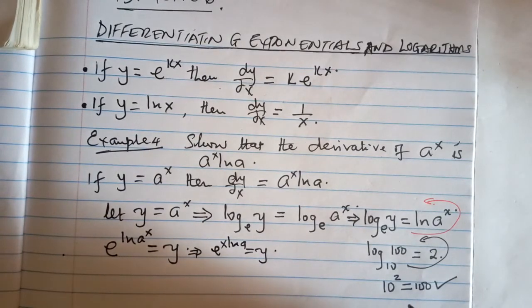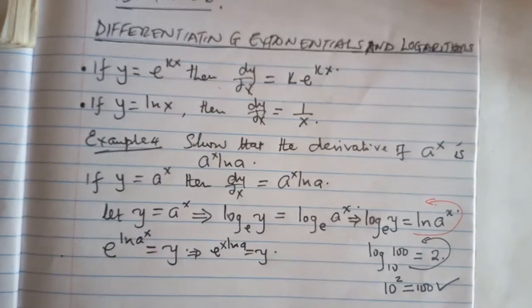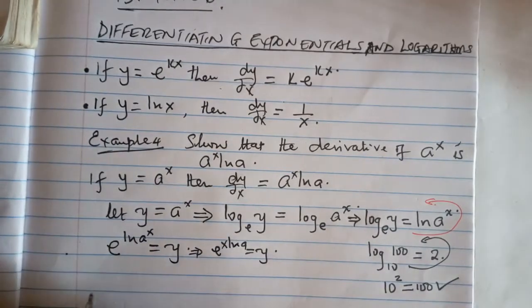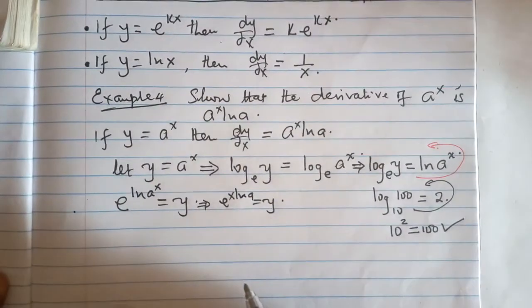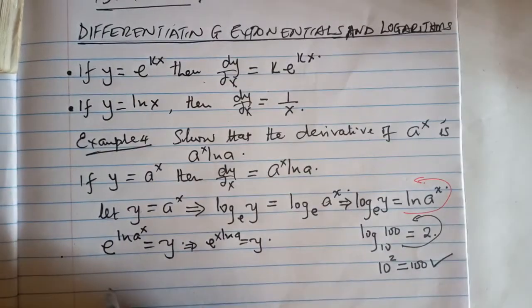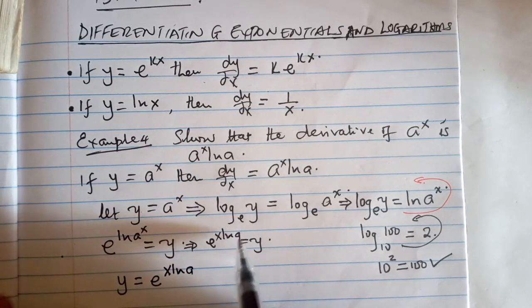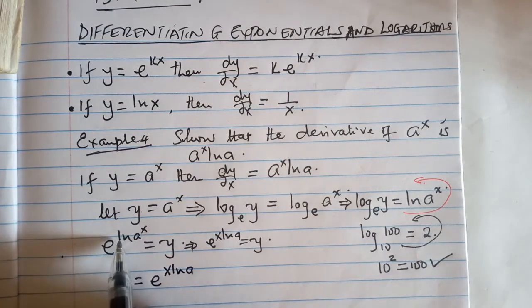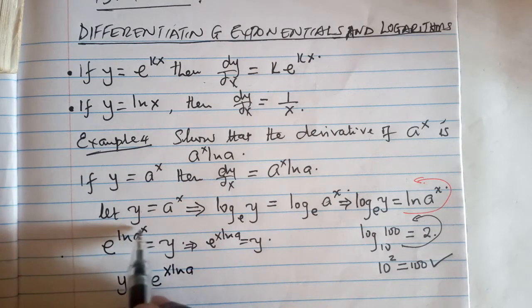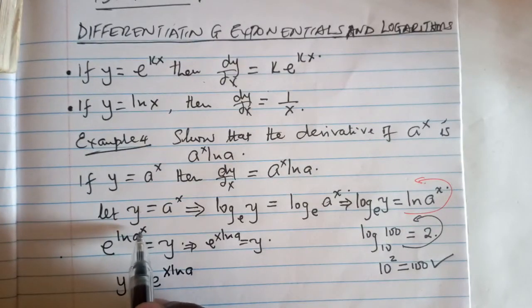So at that point, let us compare this with something that we know. y is equal to e raised to power x ln a. x becomes a coefficient of the ln because it was already in the index position.